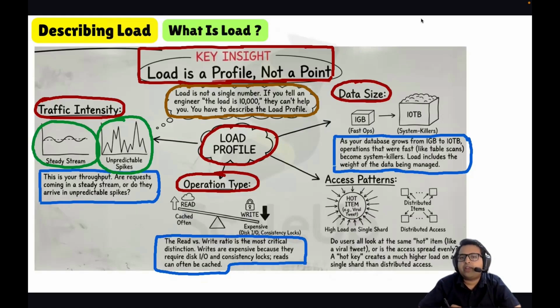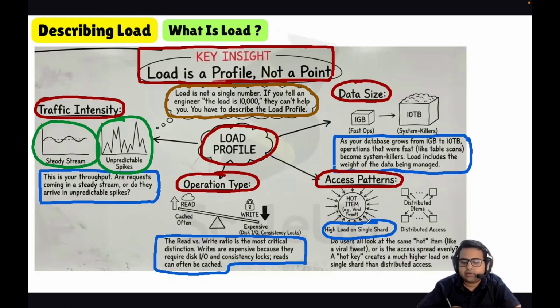And load profile also talks about the access patterns. Do users all look at the same hot item, or is the access spread evenly? Let us suppose there is a sale, or something viral, like a viral tweet. Then definitely there will be a high load on a single data point or a single item.